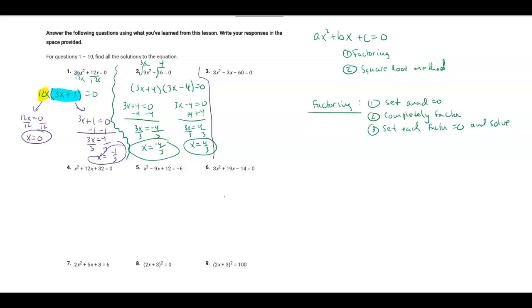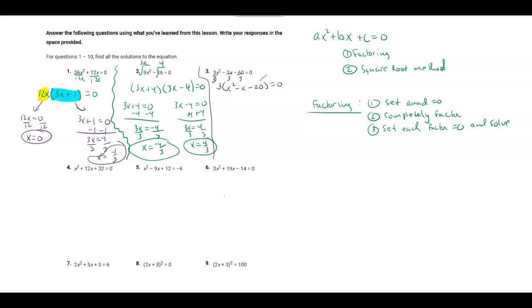All right. Now in the next one, right, again, we have to completely factor. So if I look, all of these terms could be divided by 3. So we're going to pull out that 3. I cannot pull out an x because not every term has an x. So we're left with x squared minus x minus 20 equals 0.